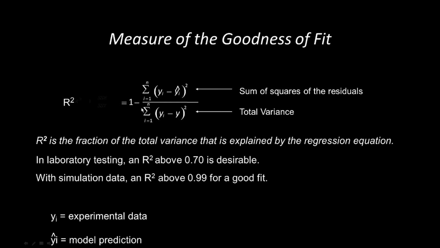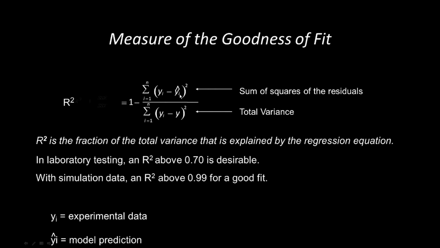Now let's look at these statistics. We call it goodness of fit. R, we know, is the correlation coefficient. There is something called R square, which is the fraction of the total variance that is explained by the regression equation.